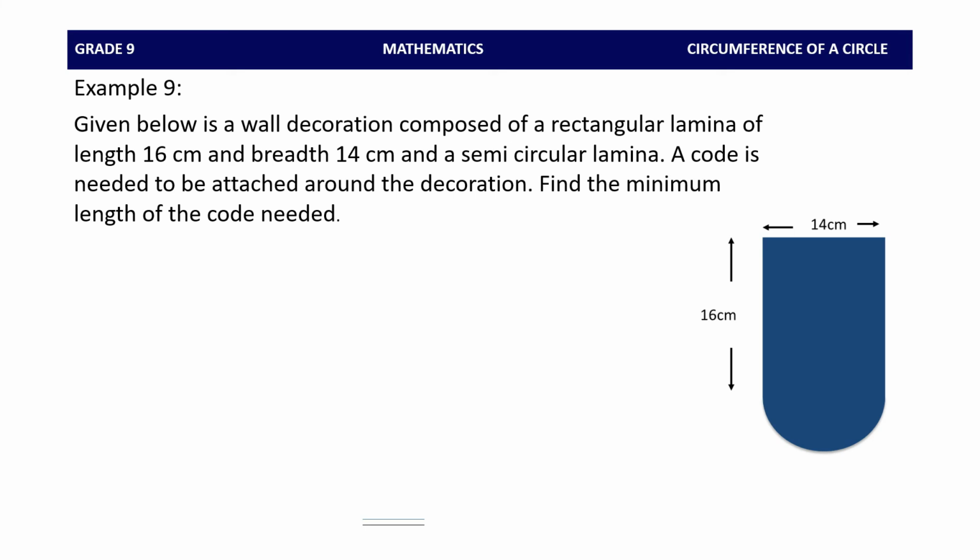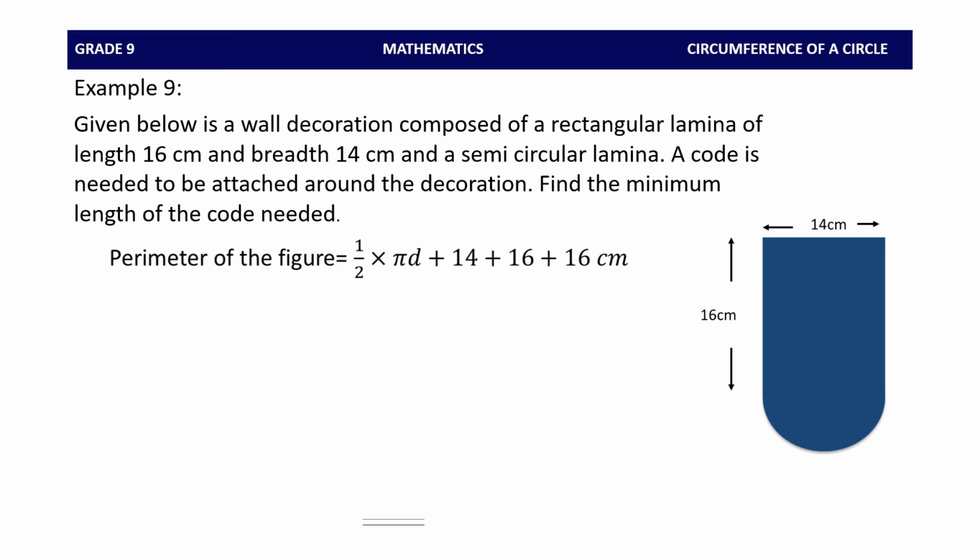A cord is needed to be attached around the decoration. Find the minimum length of the cord needed. Here, to find the length of the cord, we need to find the perimeter of the figure. It consists of a rectangle and a semicircle.